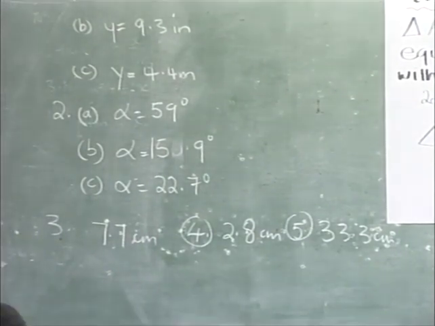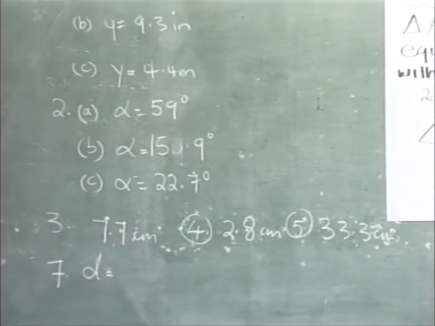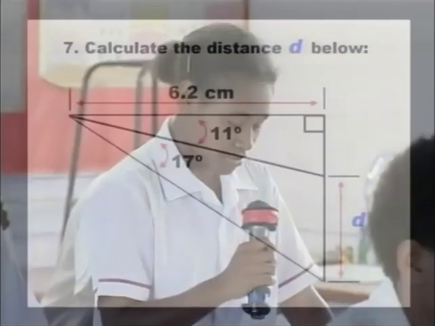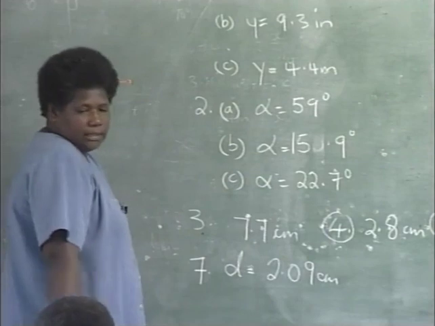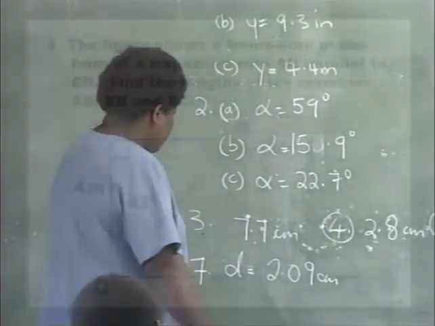Number 6 we did in the previous lesson, so number 7. You have to find the length of the distance D. Natasha, 2.09 centimeters. Number 8, Siegfried.